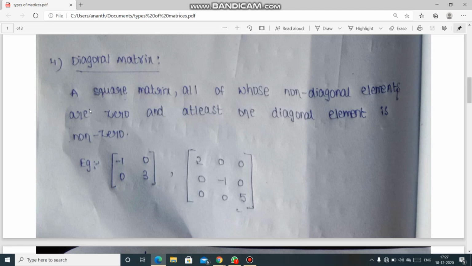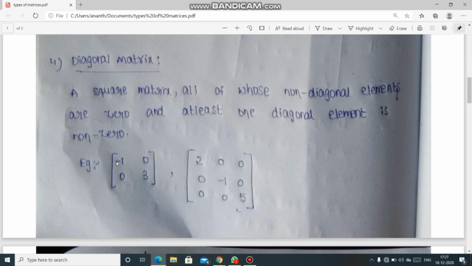So diagonal matrix means a square matrix. Already we know that square matrix means the number of rows is equal to the number of columns. A square matrix, all of whose non-diagonal elements are 0 and at least one diagonal element is non-zero.